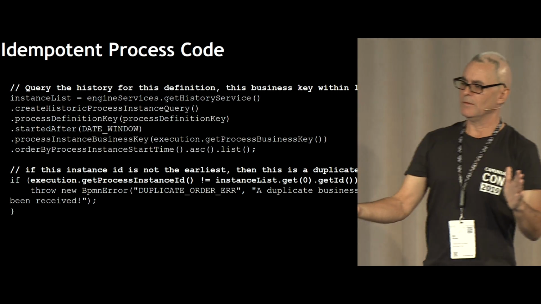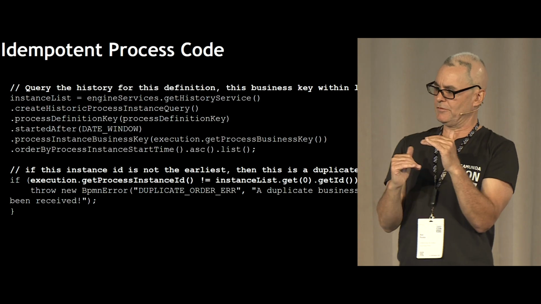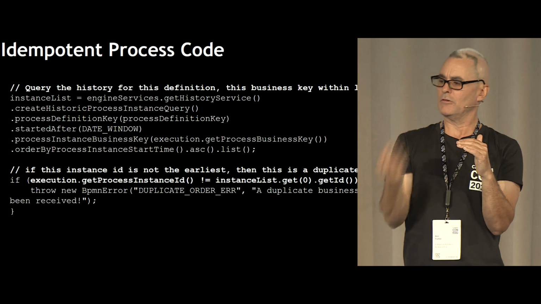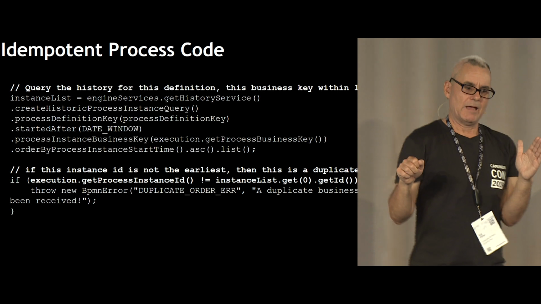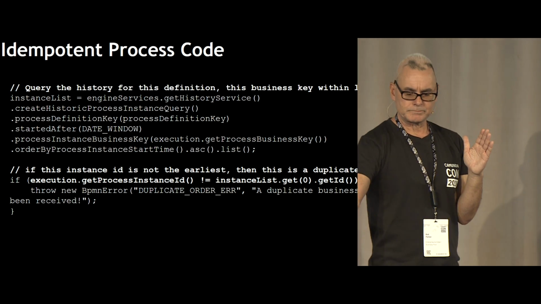But if they're not the same, then you're a duplicate, and you've come after the one which was gated through. So now what we can do is we can throw a BPMN error, and that will route the process to that unhappy path, which effectively just silently makes that process go away.